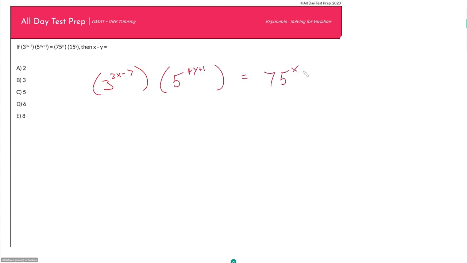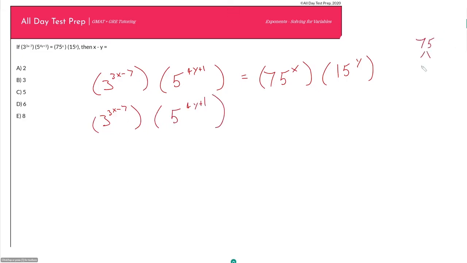75 raised to the x times 15 raised to the y. So not much I can do with the left side because my bases are already prime. So let's break up the right side. 75 is 15 times 5, and 15 is 3 times 5.